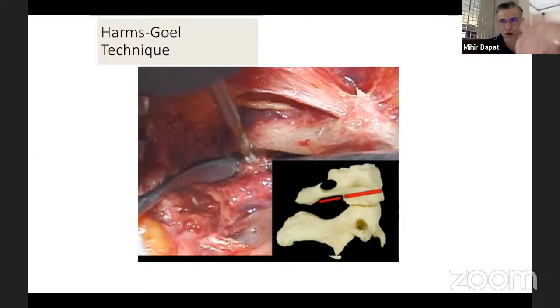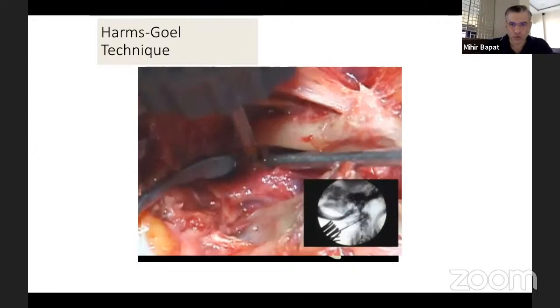Don't try to angle caudally. You should go along the arch of the posterior lamina of the C1. And as you go through, you get a bicortical give way. Don't drill through and through because there are vascular structures in front. Be very careful getting a bicortical hold.